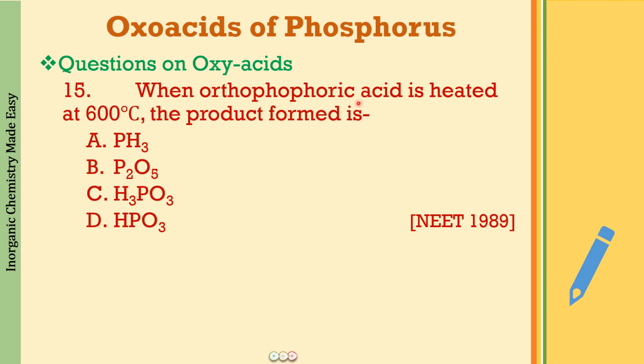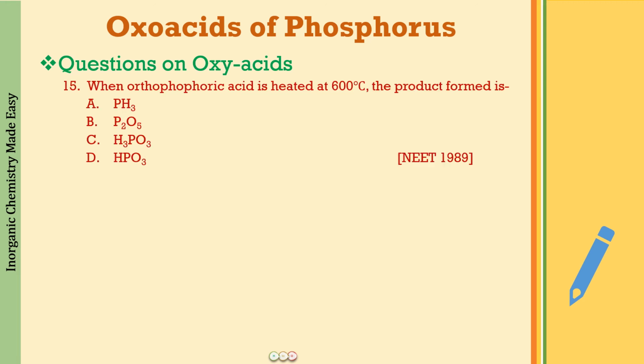All right, so when orthophosphoric acid is heated at 600 Celsius, the product formed is PH3, P2O5, H3PO3, HPO3. So the correct option over here is going to be D choice, that is when orthophosphoric acid is heated at a temperature of 600 Celsius, the product that is formed is metaphosphoric acid, HPO3.